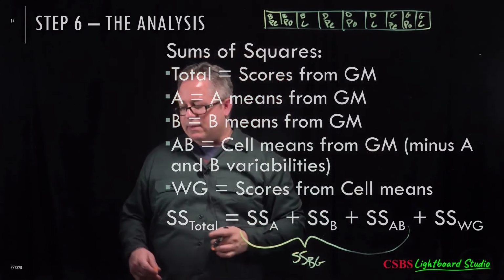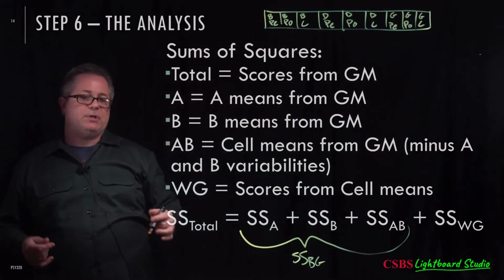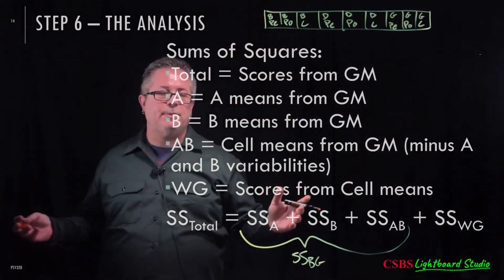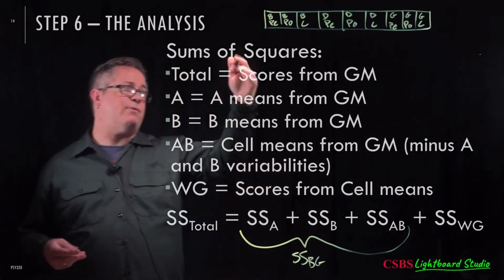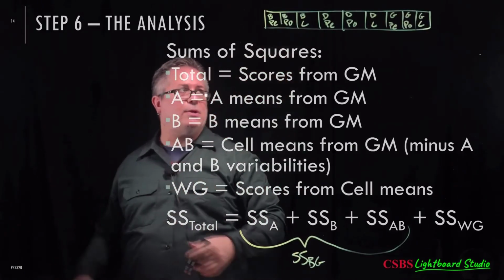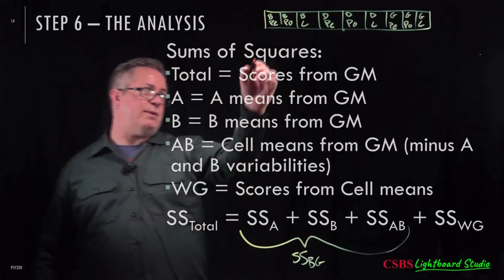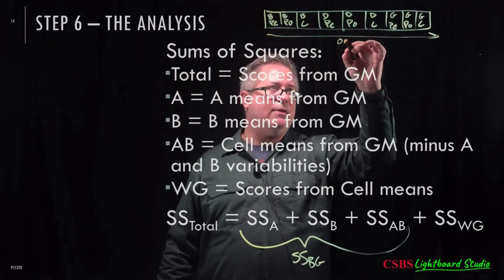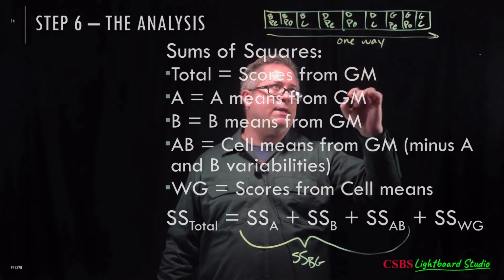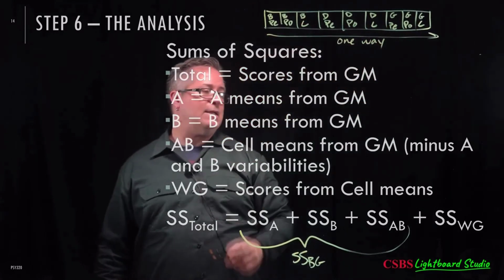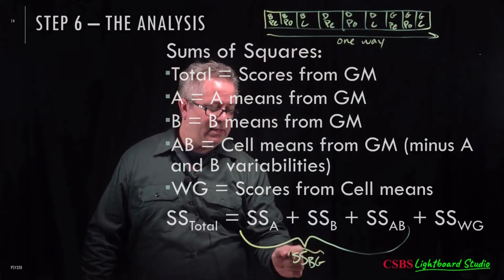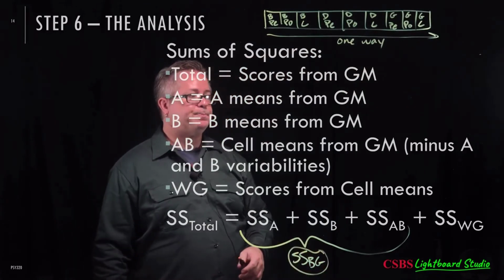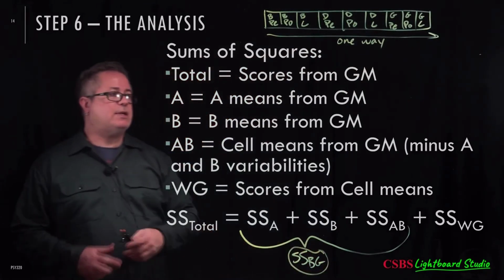I could think about this design as just 9 groups of babies, and I assign them a different brand and baby food combination. I can do this as just a single one-way design. If I did that, the differences between those 9 cells would be this sum of squares between groups. It's just that I want to break it up.